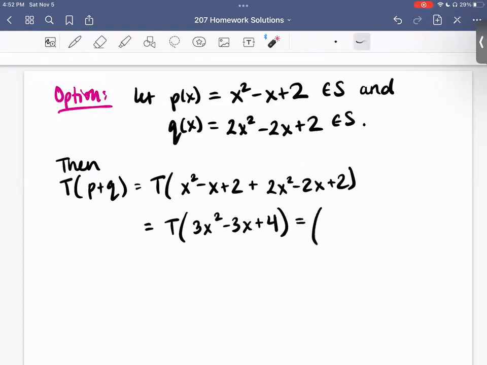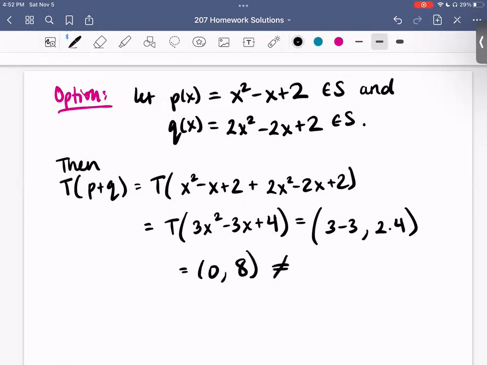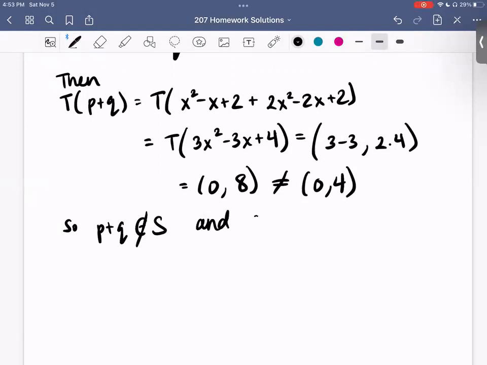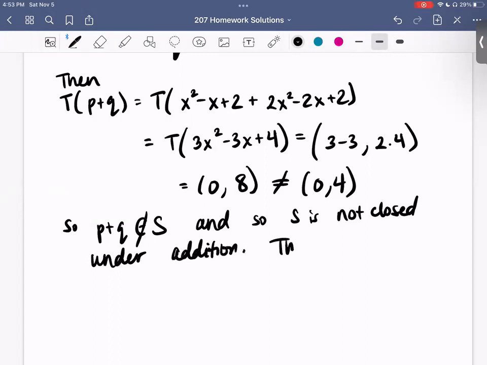Then I apply the transformation, which says add up these two terms, so 3 minus 3, and take 2 times this last term, so 2 times 4. And I end up with 0, 8, but that's not 0, 4. So P plus Q is not in S, and so S is not closed under addition. Therefore, S is not a subspace of P2 of R.